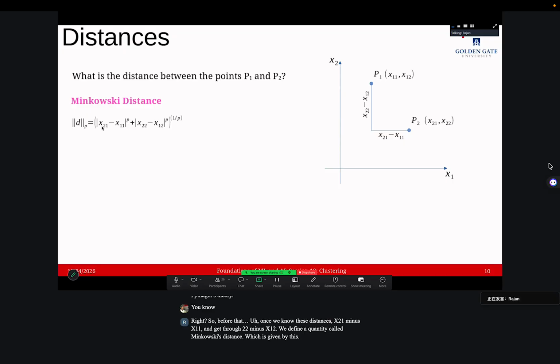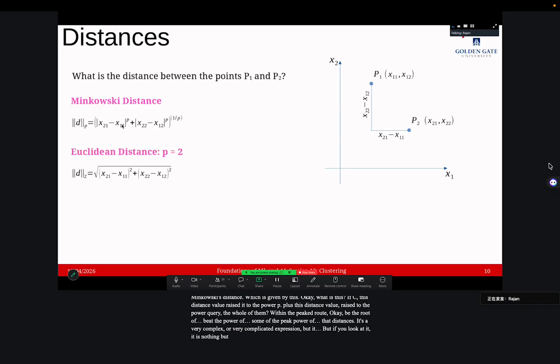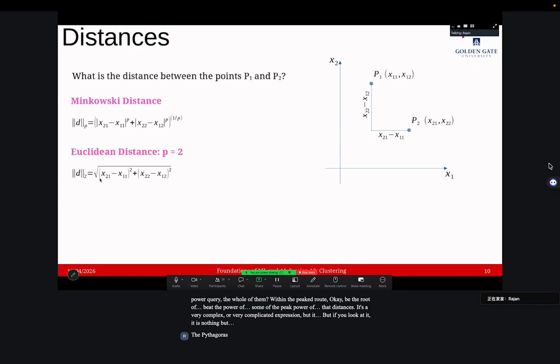If you see this distance value raised to the power p plus this distance value raised to the power p, the whole of them within the pth root. It's the pth root of the sum of the pth power of the distances. It's a very complicated expression, but if you look at it, it is nothing but the Pythagoras theorem.